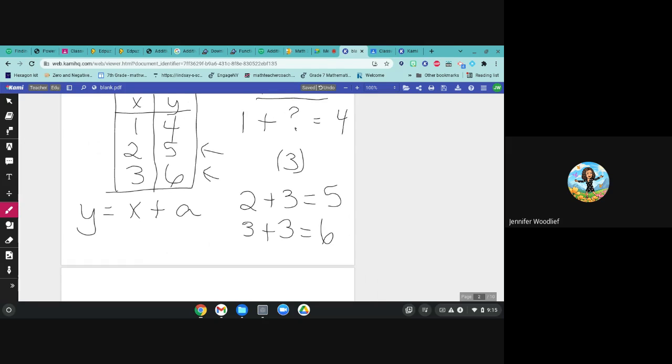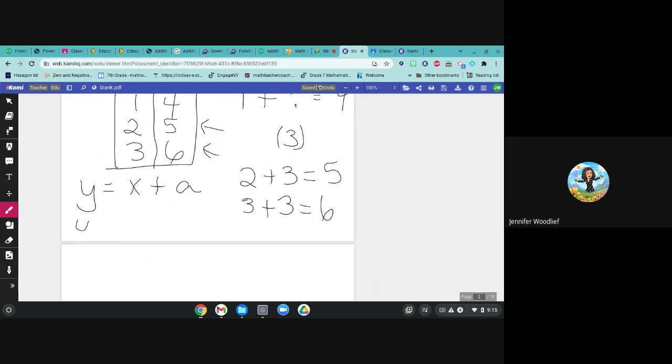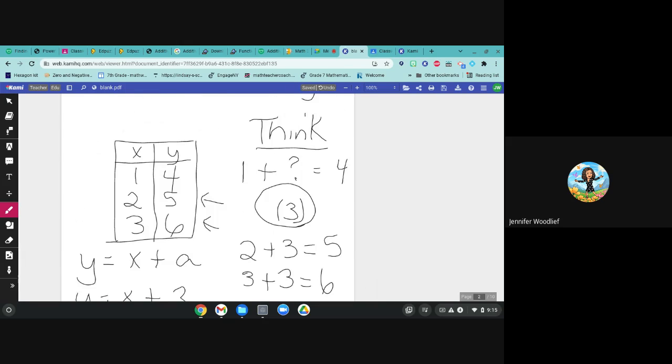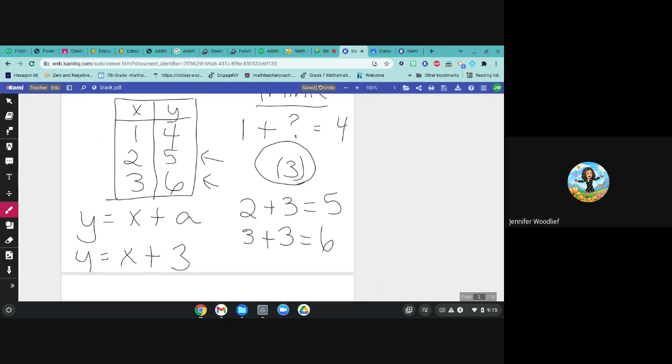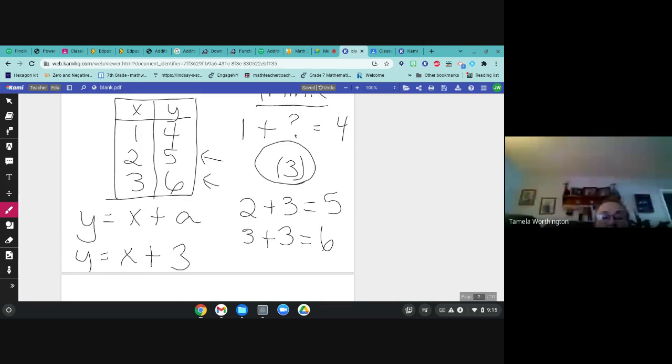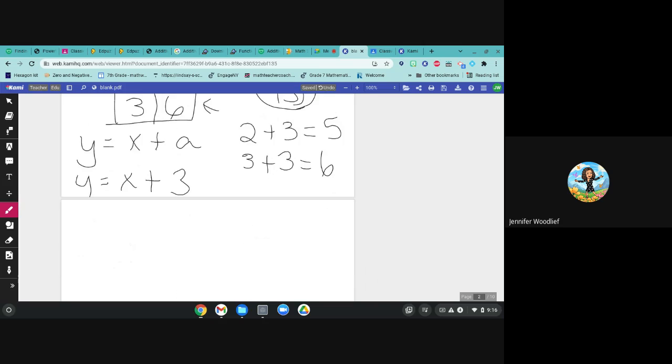So y and x stay the same. y is equal to x plus, and what did I add every time? 3. So that is my equation for that table. Did everybody see what I did? Yes. Okay. Let's look at another table.